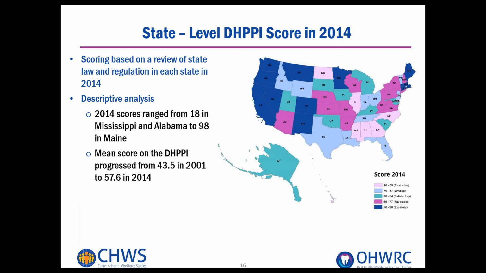So this is the map of the dental hygiene scope of practice scores in 2014. Again, based on a review of laws and regulations. Now, if you'll notice on the map, blue are higher scoring states, which have an excellent practice environment for dental hygienists, of which California is part of.